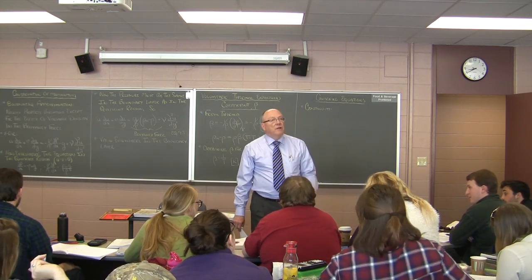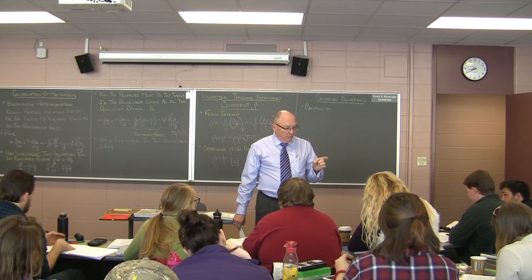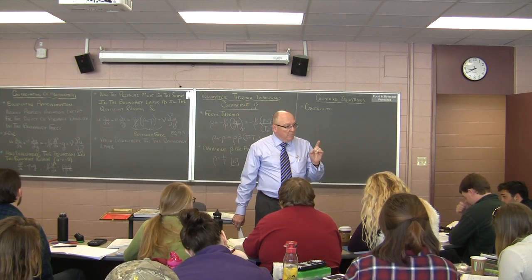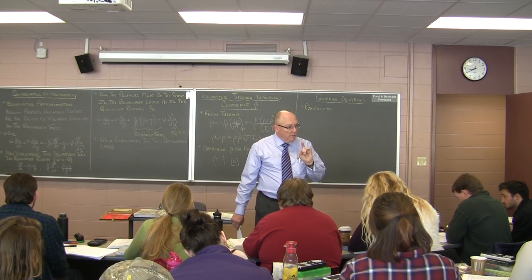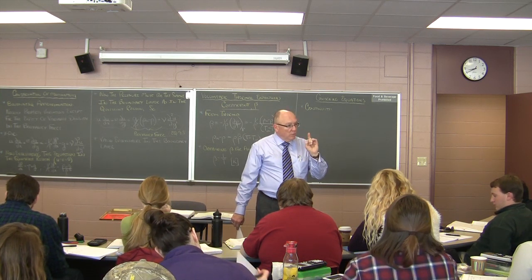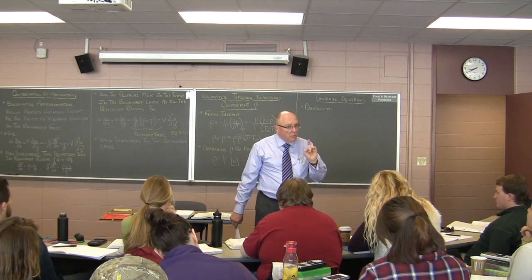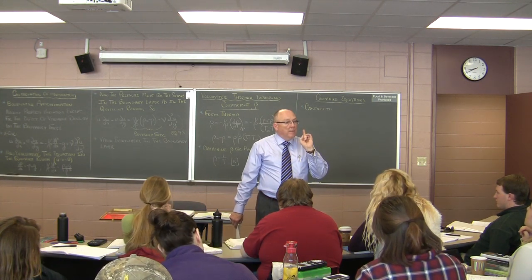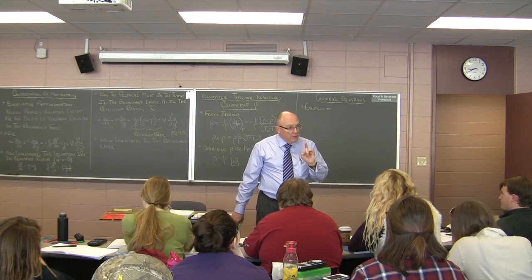If you use the ideal gas law, then you'd express it in terms of pressure, so P is equal to rho RT. So you want to express rho as P over RT.